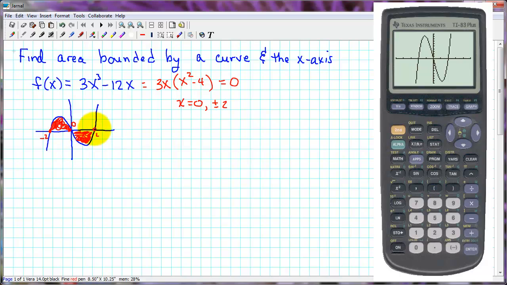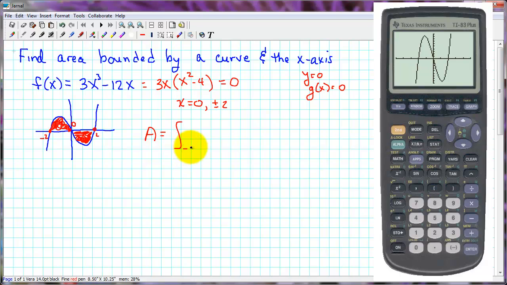Now we could treat this as area between two functions because the x-axis is the line y equals 0, or we could call it g of x equals 0. So just like in the last problem, we could set this up as the area, and we've got the two regions.